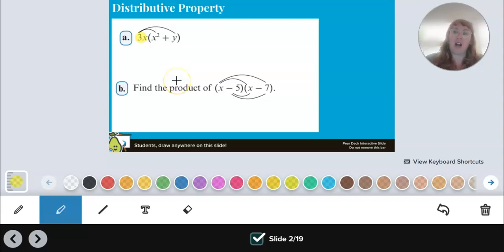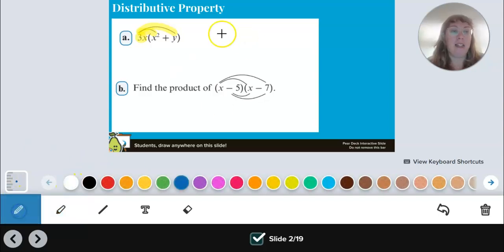So when the 3x knocks, it is going to come inside and meet x squared, and it's also going to meet y. So the distributive property says that we need to distribute this 3x term using multiplication.